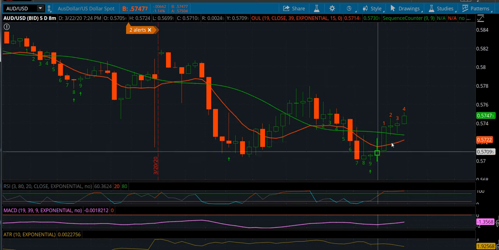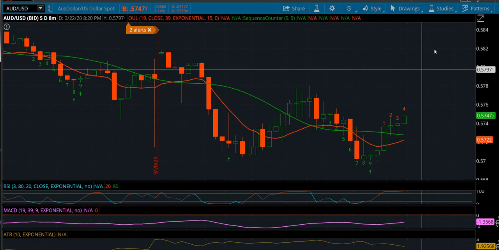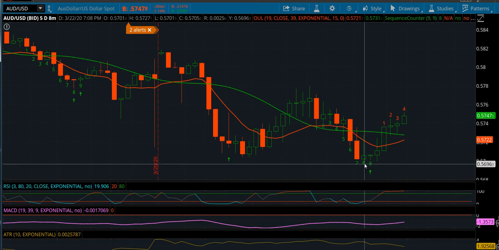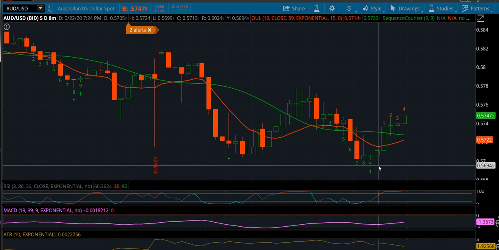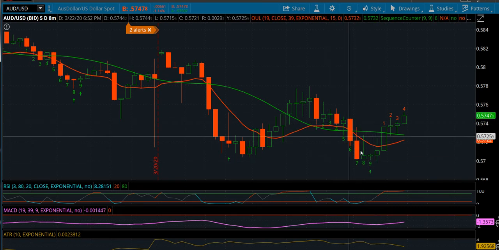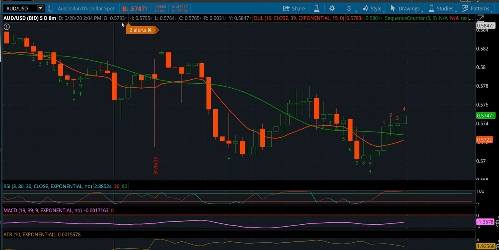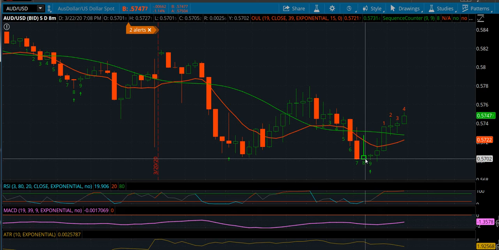In this case, you're looking to go long. You're looking for price to head higher again. You want bars 8, 9, or 10 making the low of the 9 count. Okay, so my numbers are up here. When I put the cursor over, the low for this 8 is 57015. Okay? Let's just use 015.